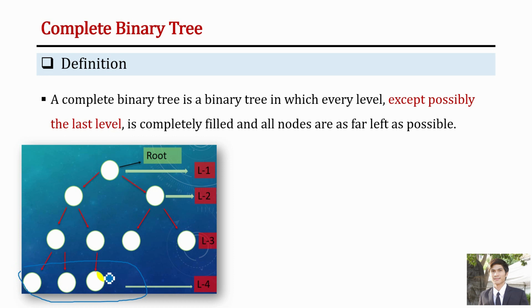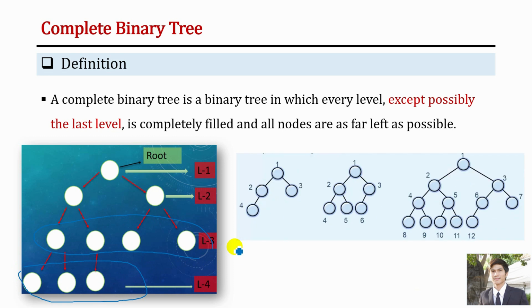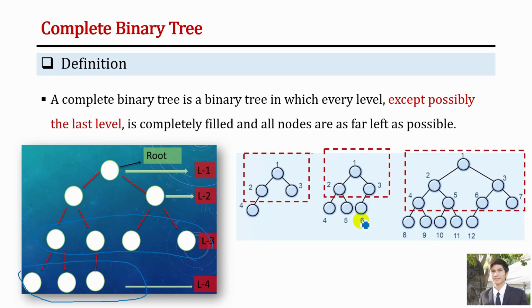It means that it's a kind of strict and full, right? It must have 2 children. So these are considered complete binary trees because except the last, we have our data here, right? As you can see, each of them is considered a full binary tree. It has a left child and a right child.